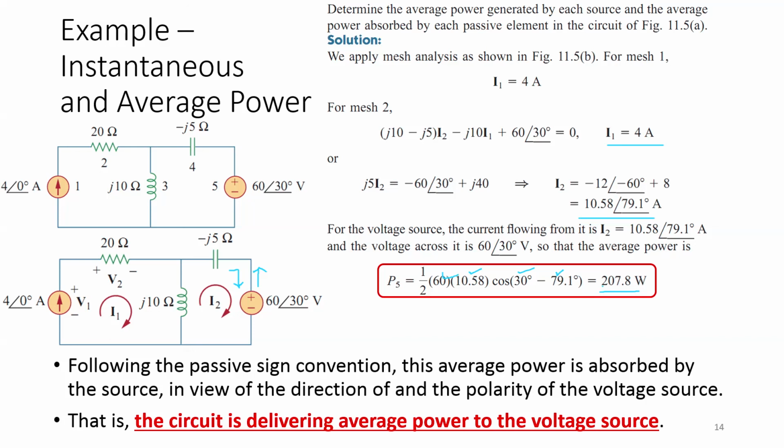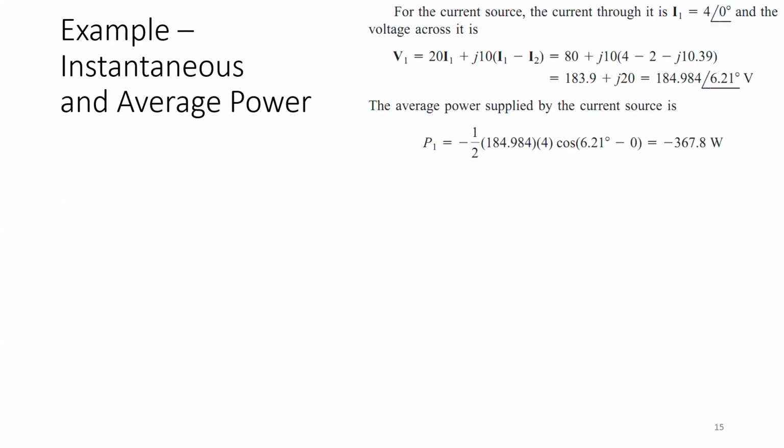And because we have this plus symbol here, this means that the current direction is correct. If this power were negative, then we could say that the current direction is not correctly chosen. Actually, it would not be charging the battery, but the battery would be delivering power to the network. However, in this scenario, the current I2 is flowing into the positive terminal of the battery, which means that power is being delivered to the voltage source.